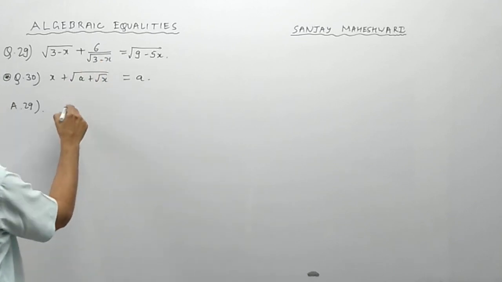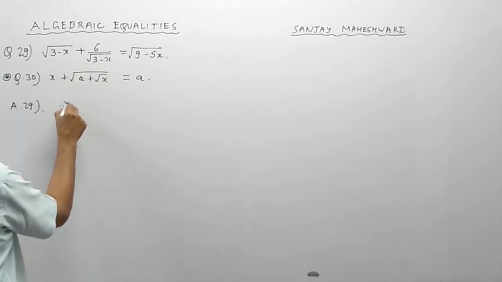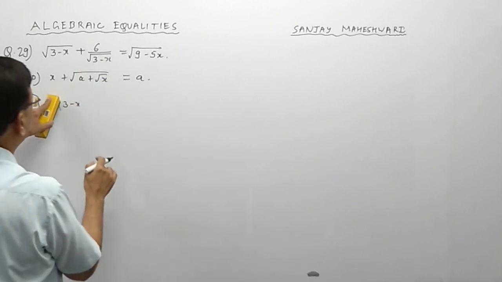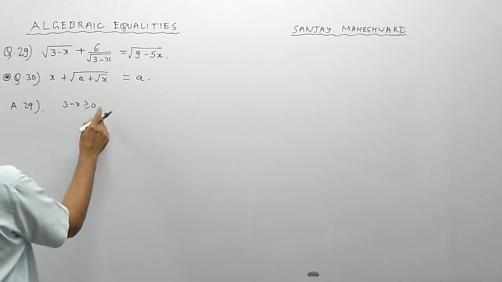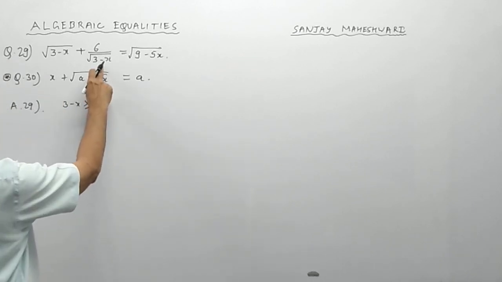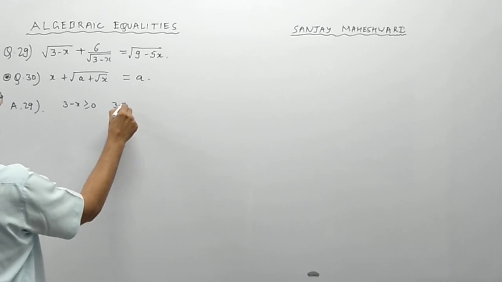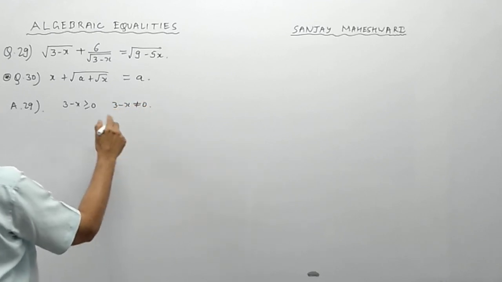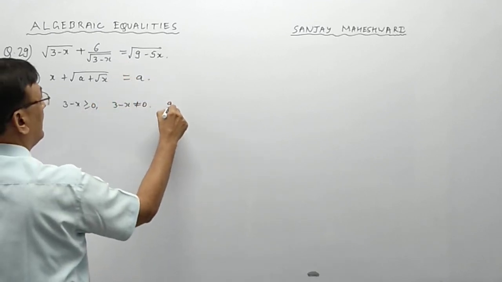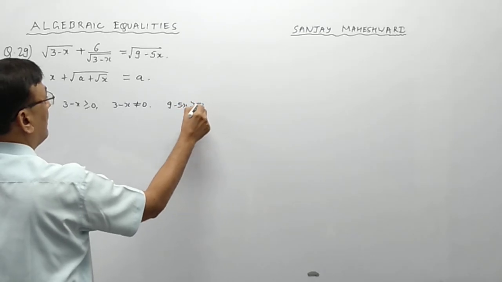Here we have to see three conditions. Number 1, 3 minus x should be greater than or equal to 0. Here it should not be 0, therefore 3 minus x should not be equal to 0, and the third condition is 9 minus 5x should be greater than or equal to 0.